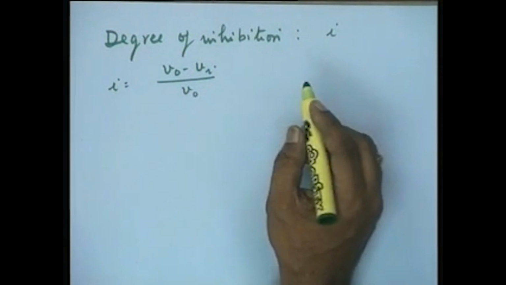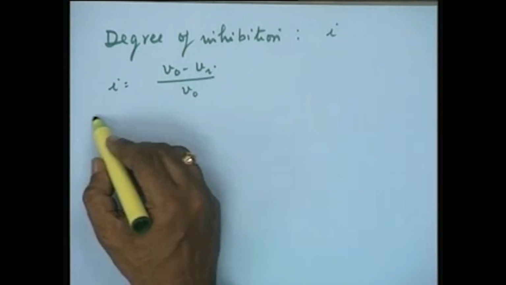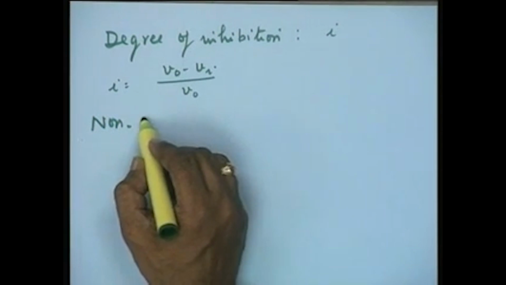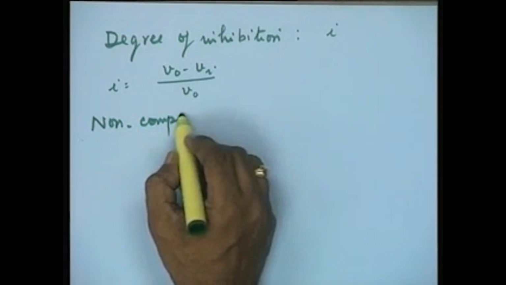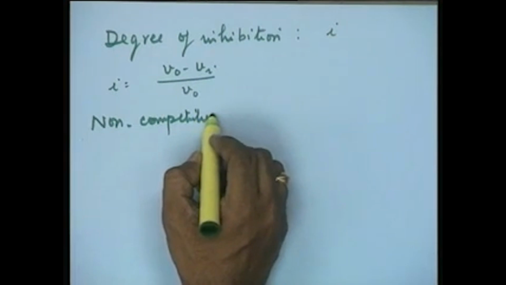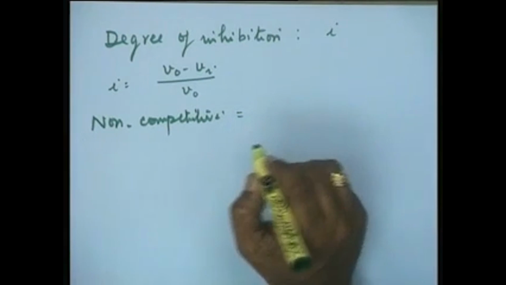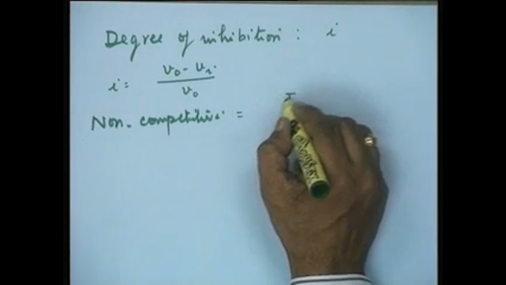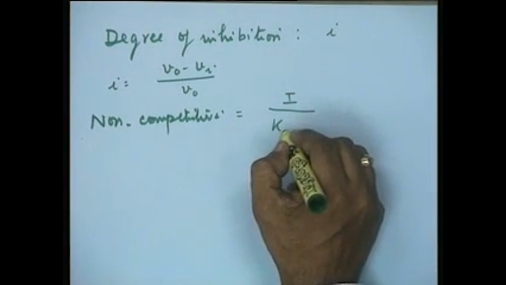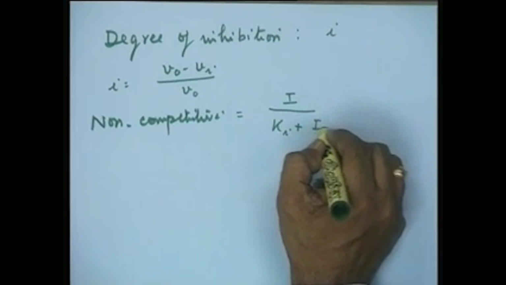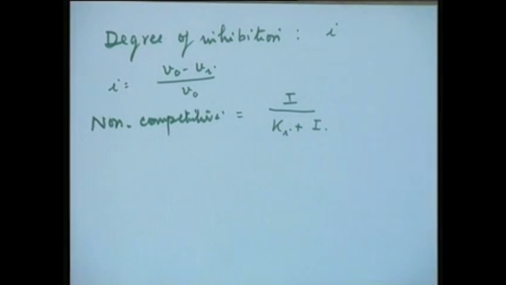Now, you will notice that for non-competitive, if you substitute the rate expression for the inhibited and the uninhibited reaction, the value will be I upon Ki plus I, which indicates that the degree of inhibition is independent of substrate concentration.